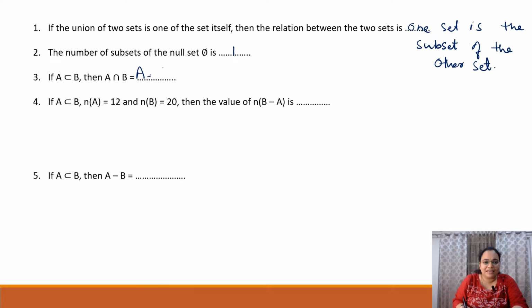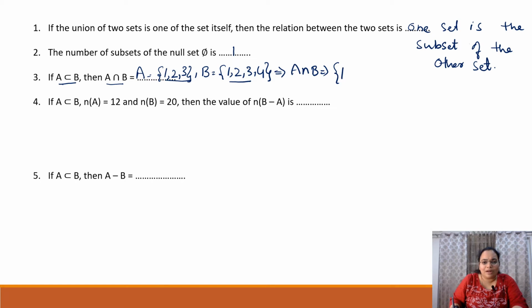If A is a subset of B, then A intersection B. So A is 1, 2, 3. B is equal to 1, 2, 3 and 4. Right. So we can say all the elements of A are also elements of B. Then we can say A is a subset of B. Now we need to find A intersection B. What is A?